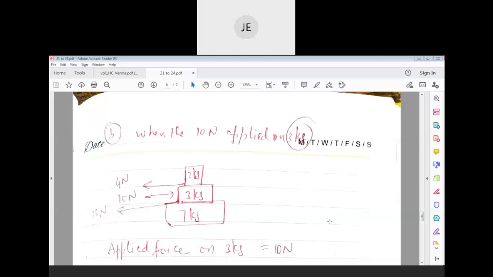So if you try to see the forces on the 3 kg block: 10 Newton applied, because of friction between 2 kg and 3 kg, 4 Newton left side, and between 3 plus 2 kg and 7 kg the friction force is 15 Newton left side, that we have already calculated here.